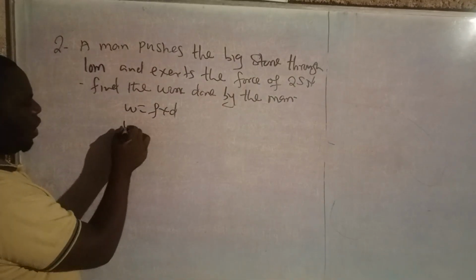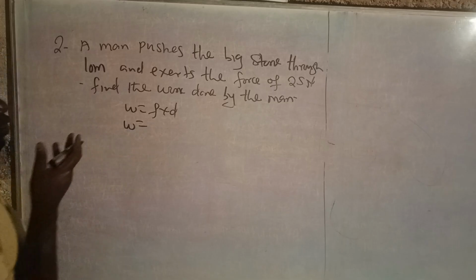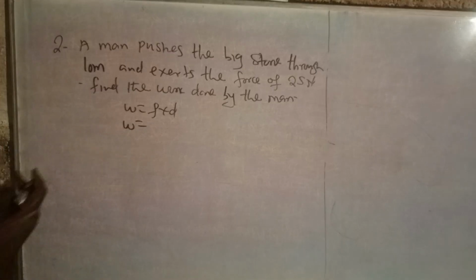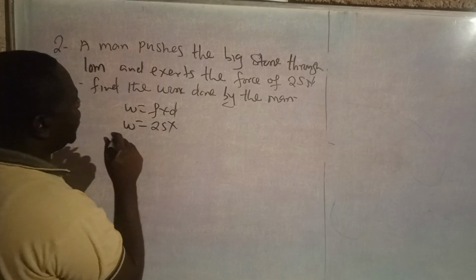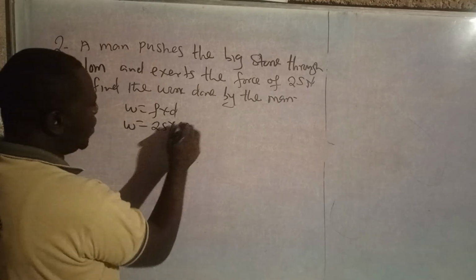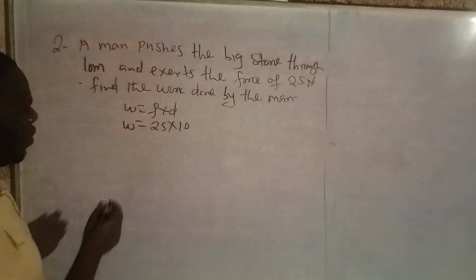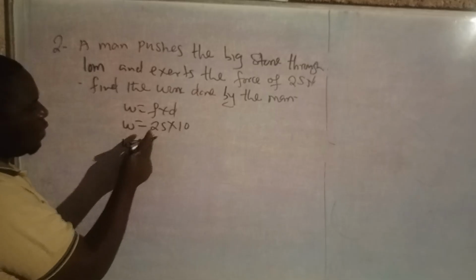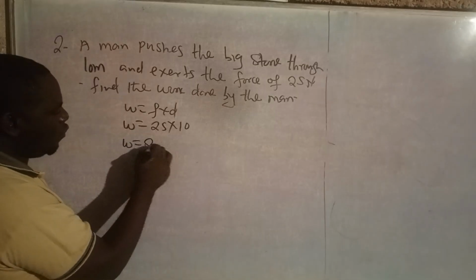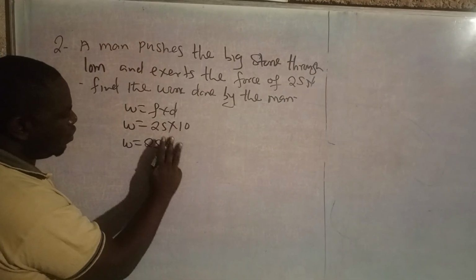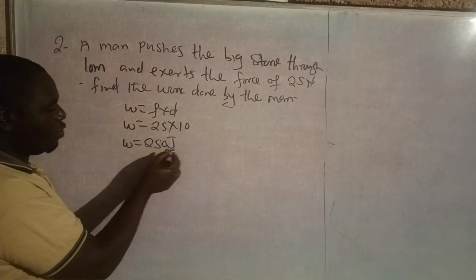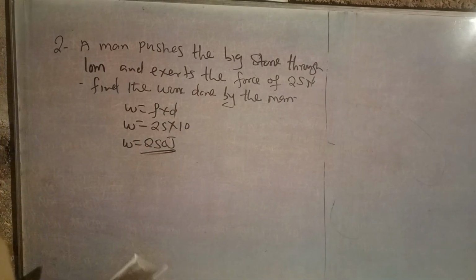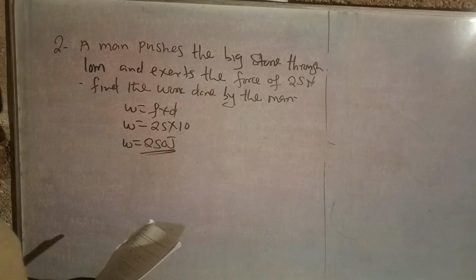The force is 25 newtons, times distance, 10 meters. So work is 25 times 10, which is 250 joules. Don't forget, we're finding work, so work is measured in joules. So this is our final answer for this question.